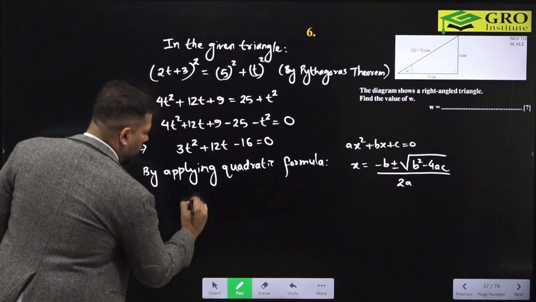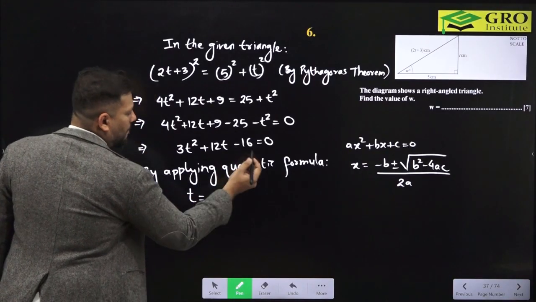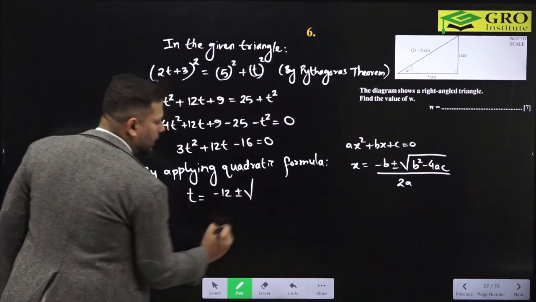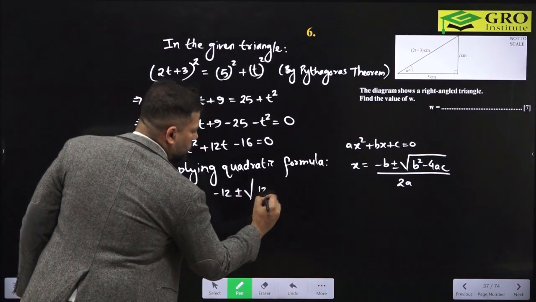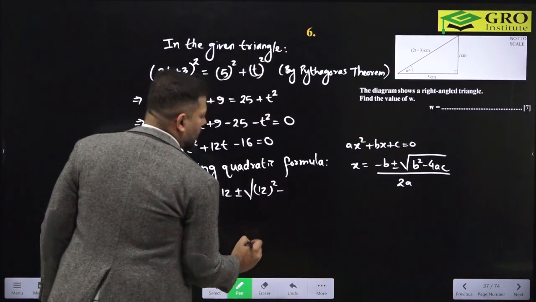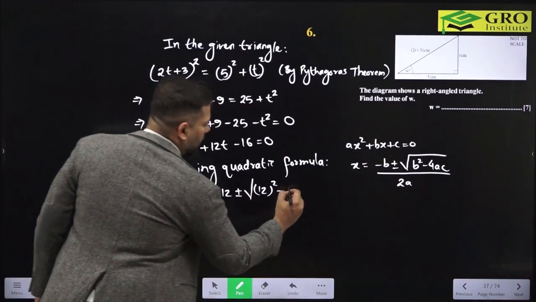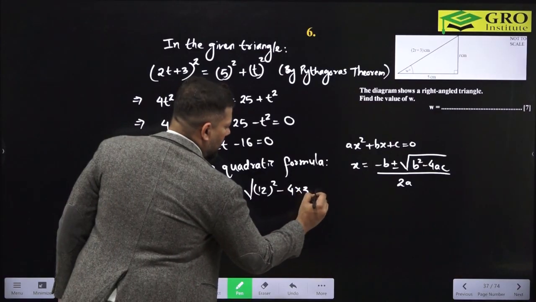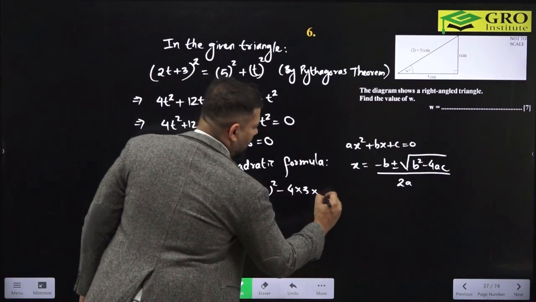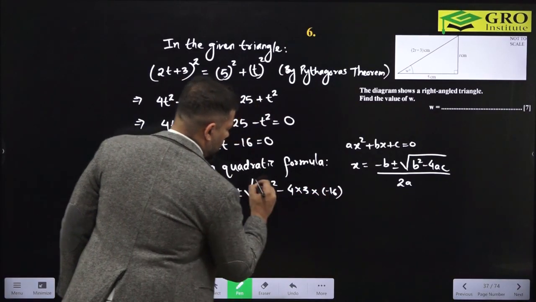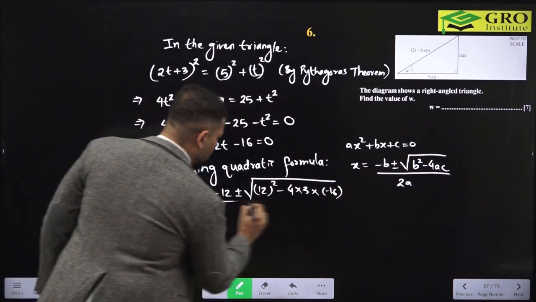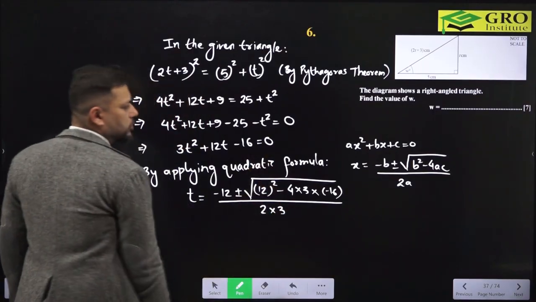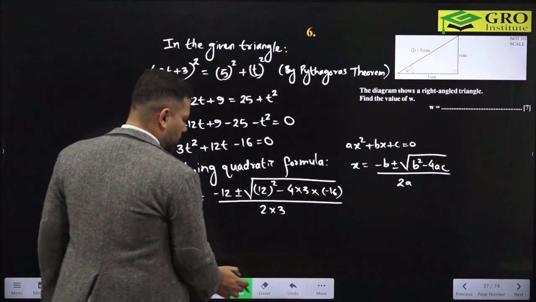We will get the value of t to be minus b, that is minus 12, plus minus under root of b square, that is 12 square, minus 4 times a times c, that is 4, multiplied with a, that is 3, multiplied with c, that is negative 16, upon twice of a, that is 2 times 3. This is what it looks like. We have used the quadratic formula.